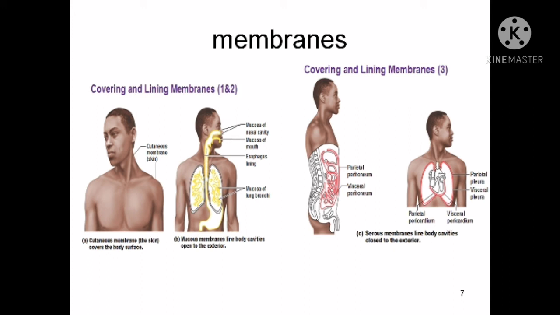In these diagrams, the examples of cutaneous membrane, that is the skin, and the mucous membrane which lines the hollow viscera, and the example of serous membranes which enclose the visceral organs and have the parietal and the visceral layers.